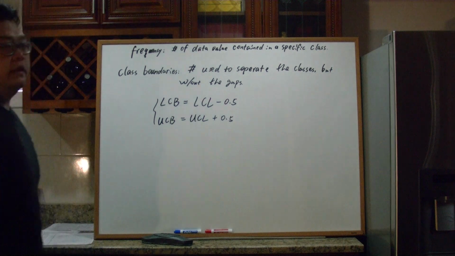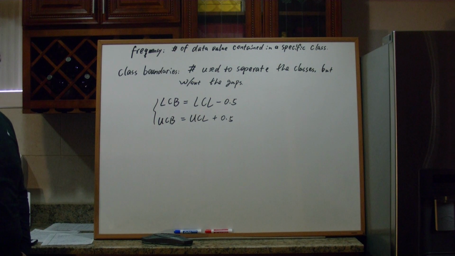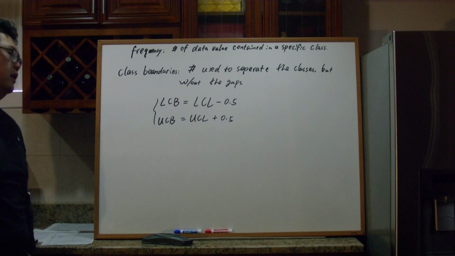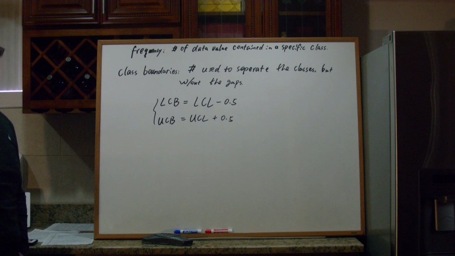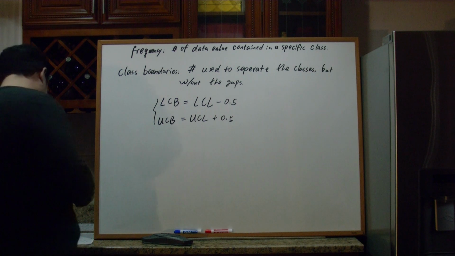That is true in the case that the gap is 1. When the gap is not 1, then of course find the middle to see what number to add or what number to subtract.